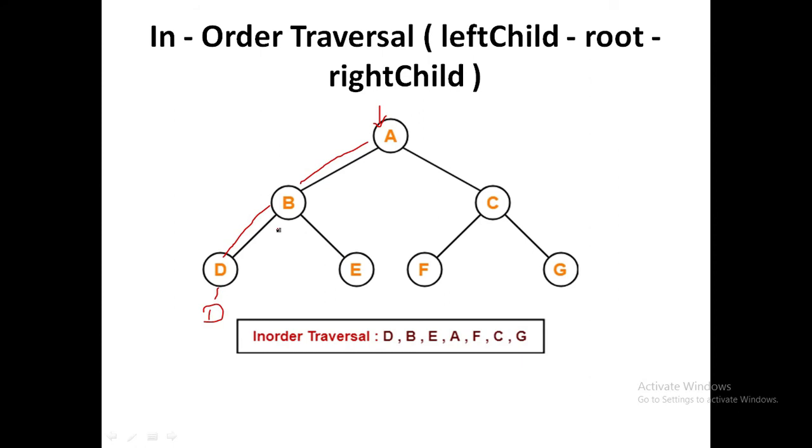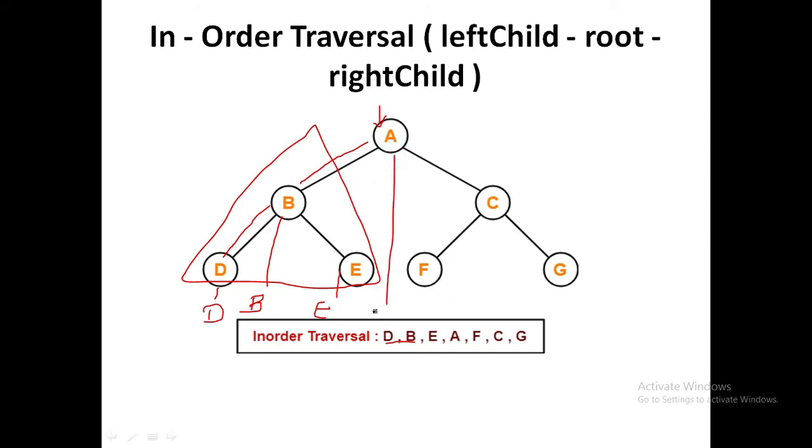After visiting left, we are going to write its root. Next, after left and root, we write the right element. So now the left subtree of A is totally written in in-order traversal.